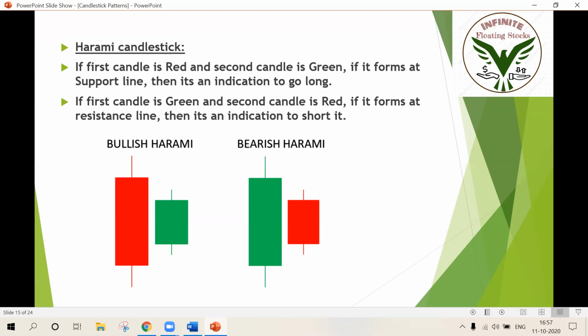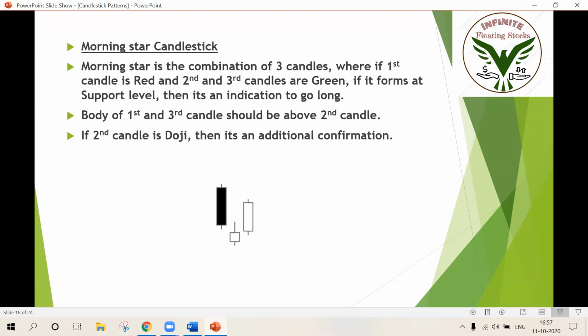All right. This is another candlestick pattern, the morning star candlestick pattern. Look at the diagram first and read the lines. It will look like this.